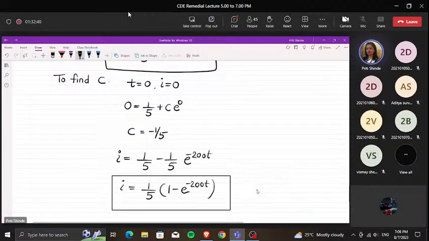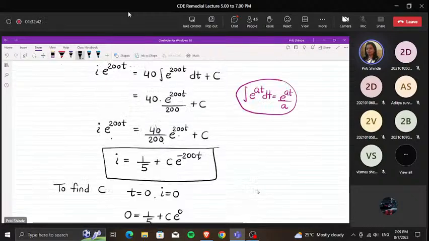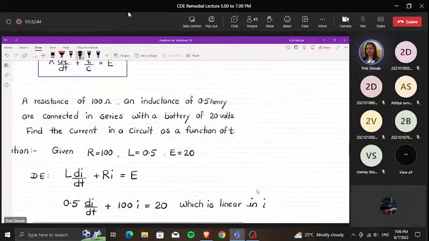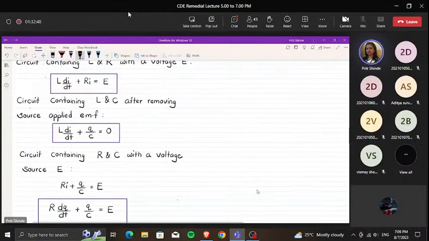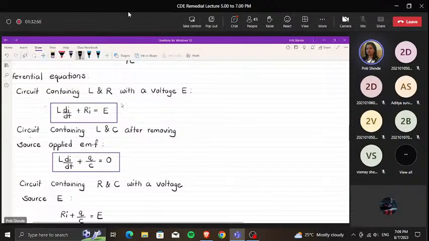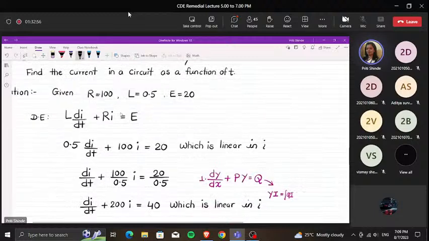So to solve problems based on electric circuits, read your problem statement carefully and identify the suitable electric circuit. Here this is the circuit containing L and R. So select this differential equation, write it down, and replace the values of L, R and E. This is always linear, and instead of y here the variable is i. So you know how to solve a linear differential equation in y.